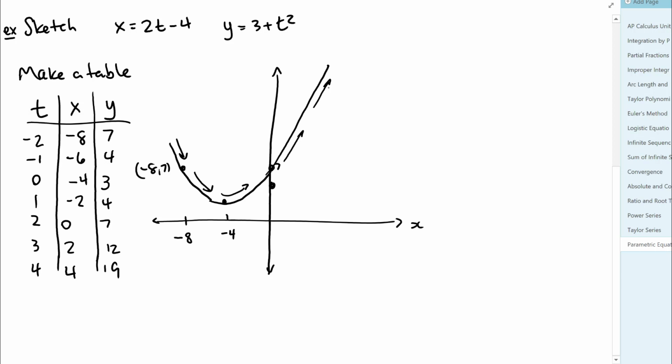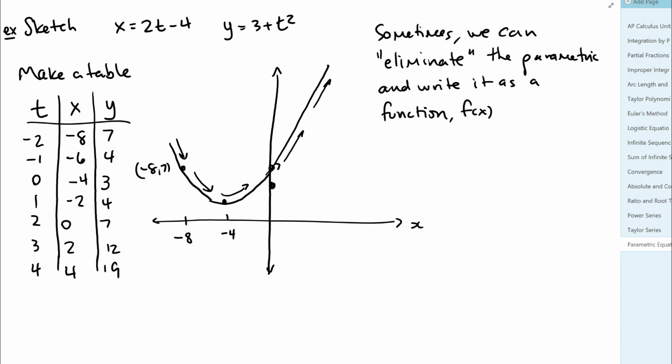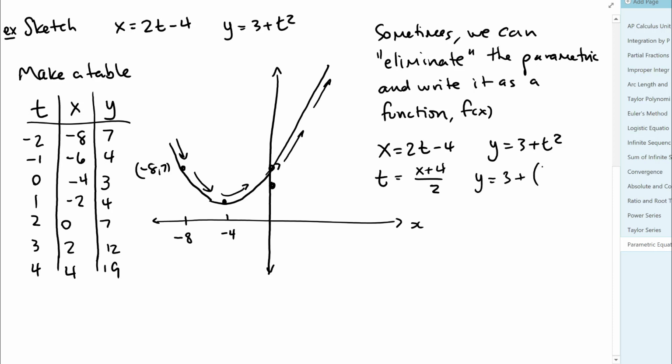And sometimes we can eliminate the parameter of the parametric and just write it as a function. And so we'll try that for this one. So we know that x is 2t minus 4, and we know that y is 3 minus t squared. So in this case, t would be x plus 4 all divided by 2, and y is 3 minus these t's divided by 2 all squared.